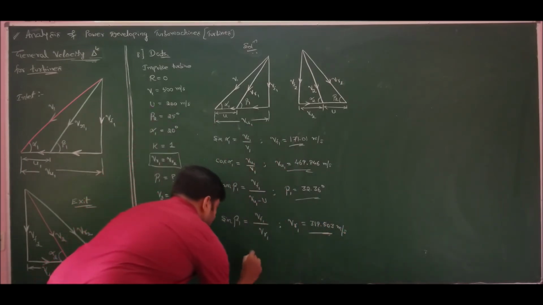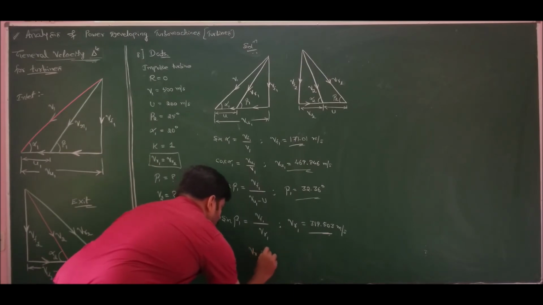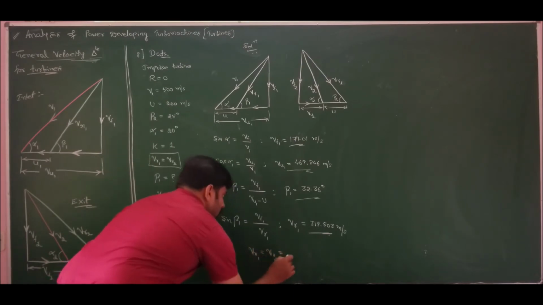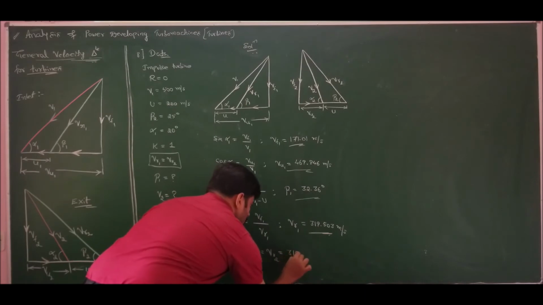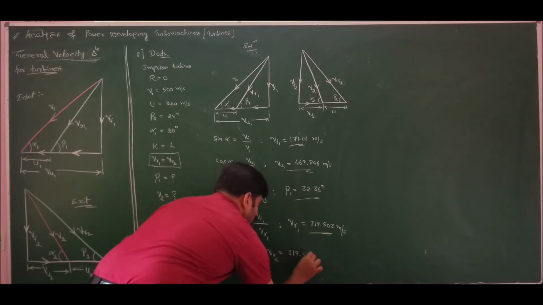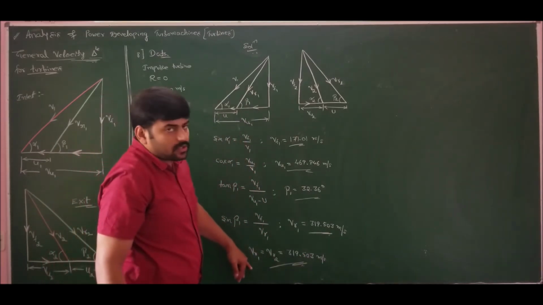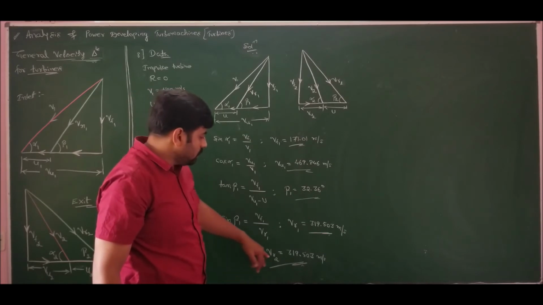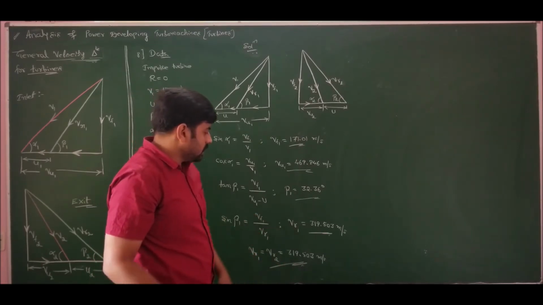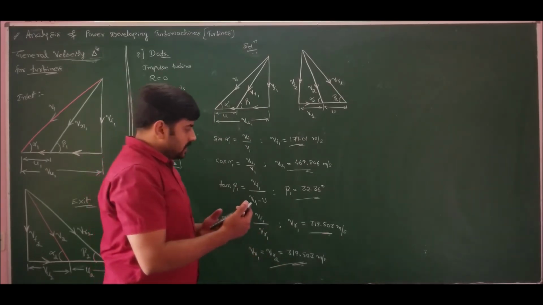We are neglecting the blade friction, so the blade friction coefficient becomes unity, therefore VR2 is equal to VR1, which is 319.503 meters per second.